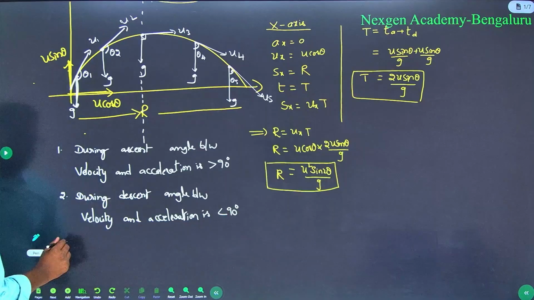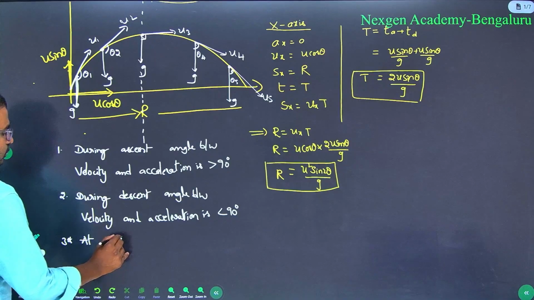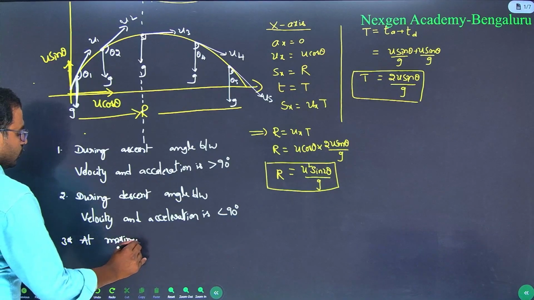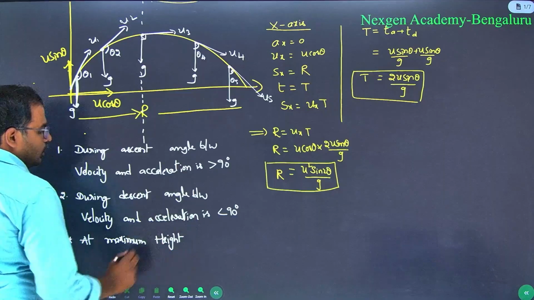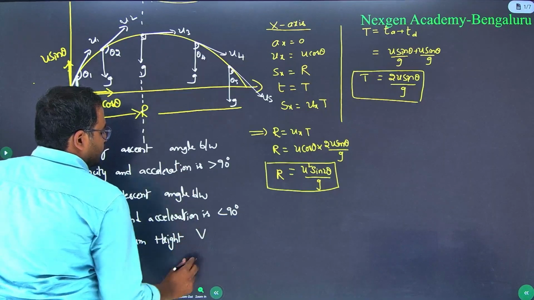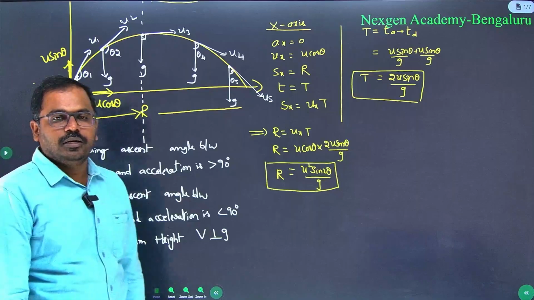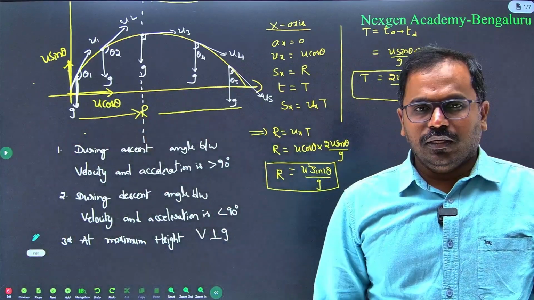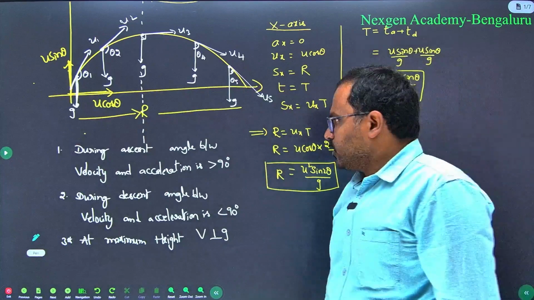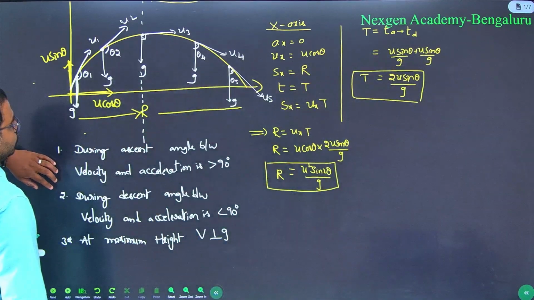Third, at maximum height, velocity is perpendicular to acceleration, which means the angle is exactly 90 degrees. Okay, next one.